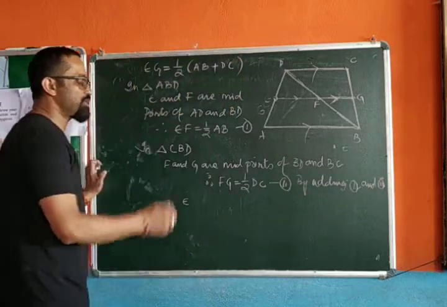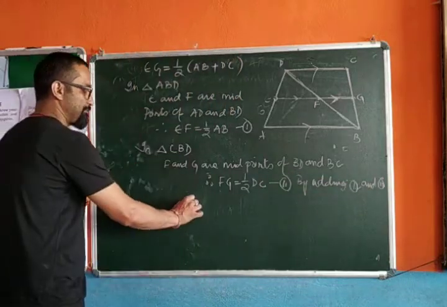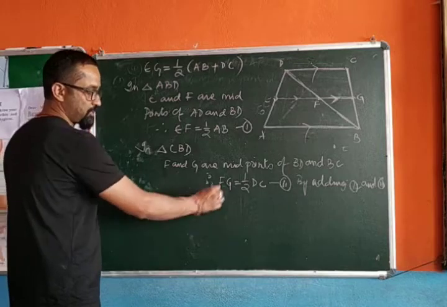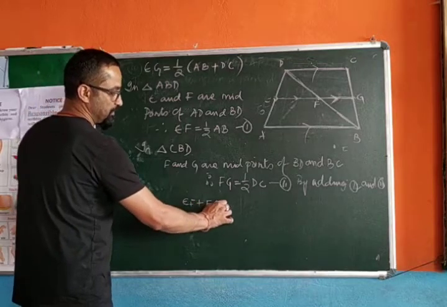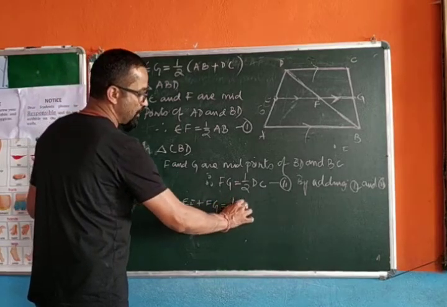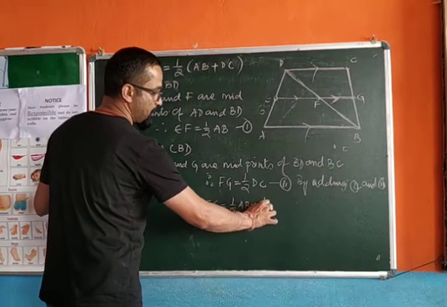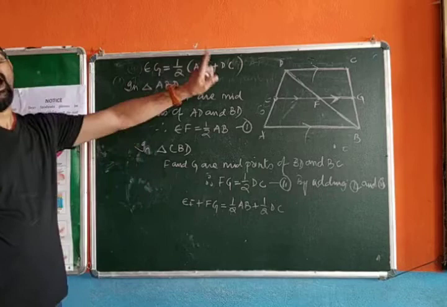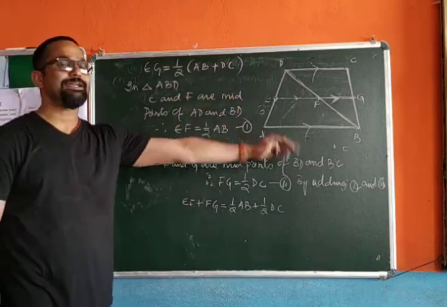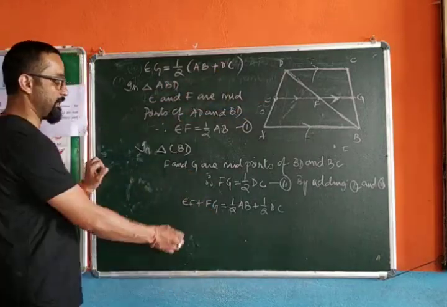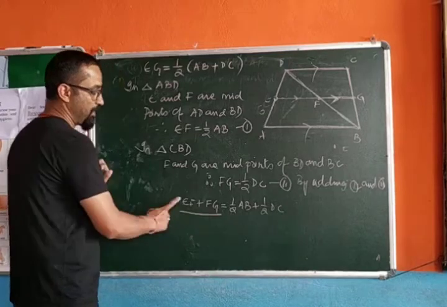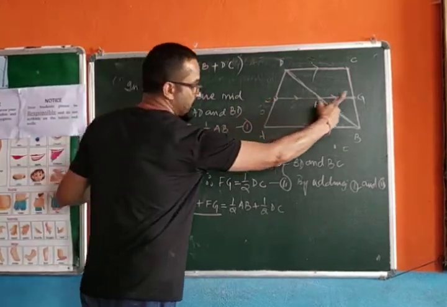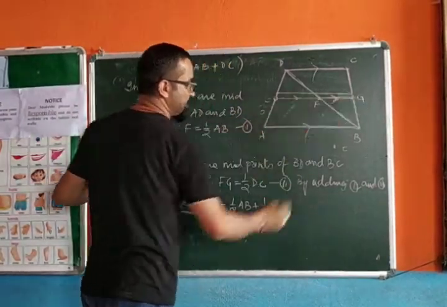When we add equations 1 and 2, EF plus FG is equal to half of AB plus half of DC. Left side is added to left side, right hand side is added to right hand side. Now look at the diagram. EF plus FG is nothing but EG.